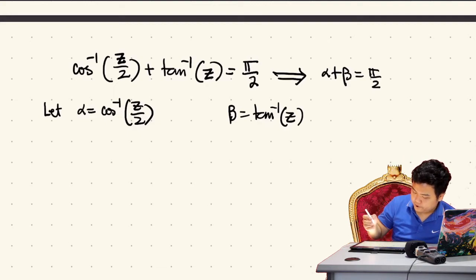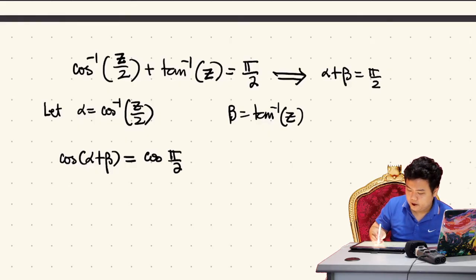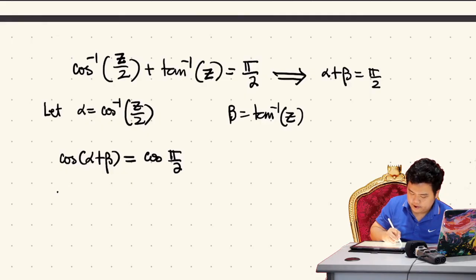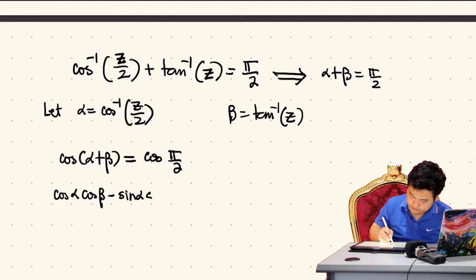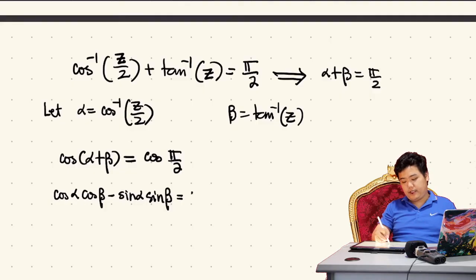Okay, so cosine alpha plus beta is cosine pi over 2. Using the sum identity, cosine alpha plus beta is cos cos minus sin sin. And cosine pi over 2 is 0.